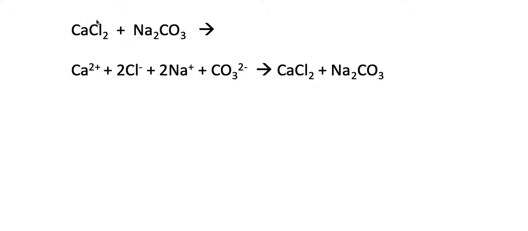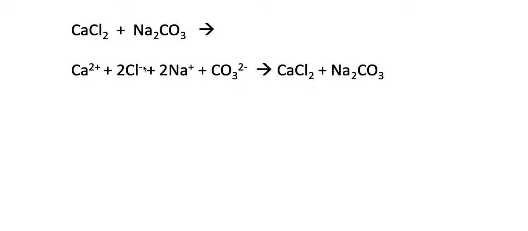To balance it out, because an ionic compound such as calcium chloride is a neutral compound, I need the total positive charges to be equal to the total negative charges. The total positive charge is 2+. The total negative charge is -2 because I have 2 chlorines with a -1 each.